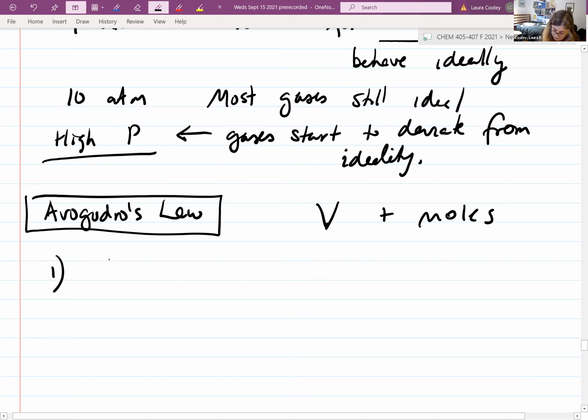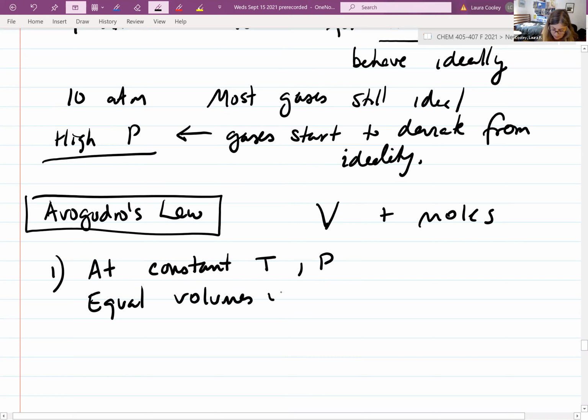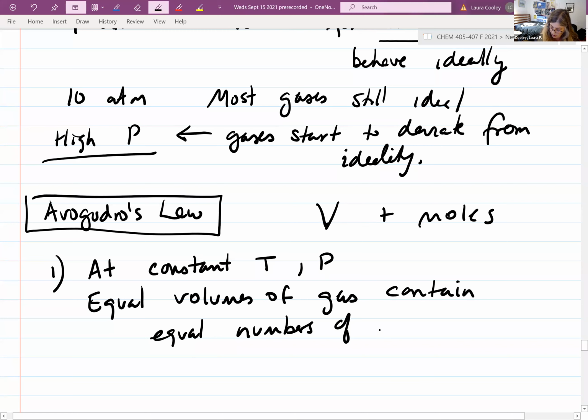The first part is at constant temperature and pressure, equal volumes of gas contain equal numbers of moles. And this is regardless of gas identity.